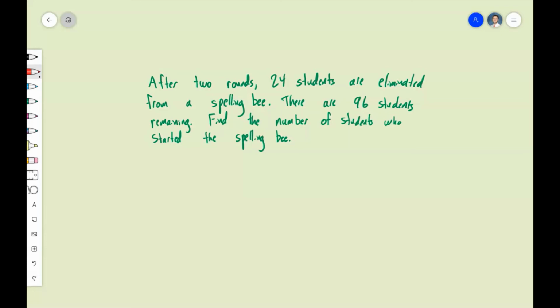So we know that we started with some number S students, and then there were 24 students who were eliminated, so they are no longer in the spelling bee. So we could say that we started with a number S, and that has been decreased by 24. And we know that equals a total of 96 students.